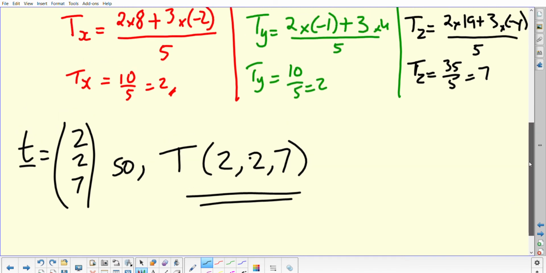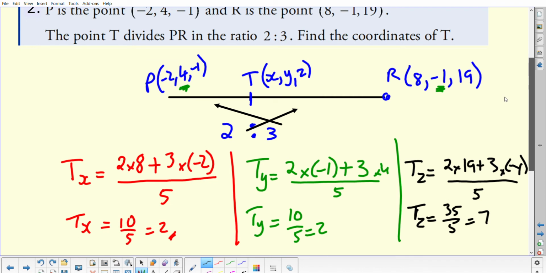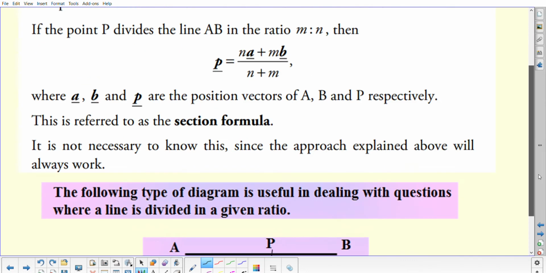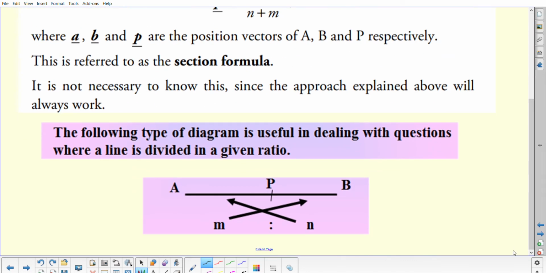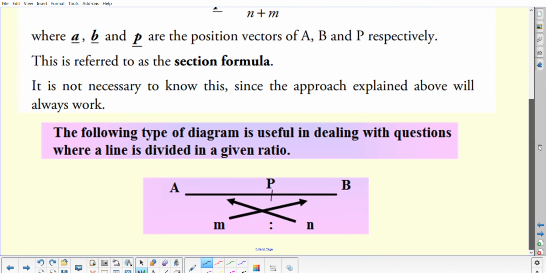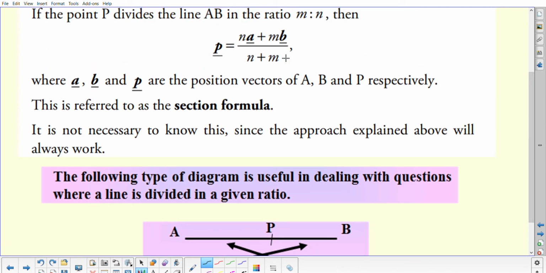So I don't know whether you prefer the vector method or using what's called the section formula. But basically when you use the section formula, and like I said, you don't need to memorise it in this sort of form, what you're actually doing each time is this term times the opposite one, and this number here times the opposite vector for each of these, and then you need to add on the bottom a sum of what these ratio values are.